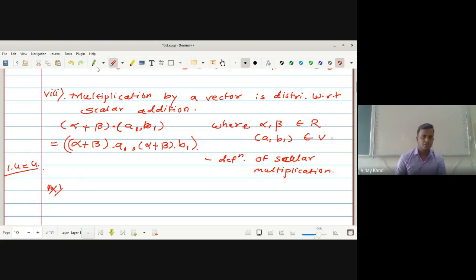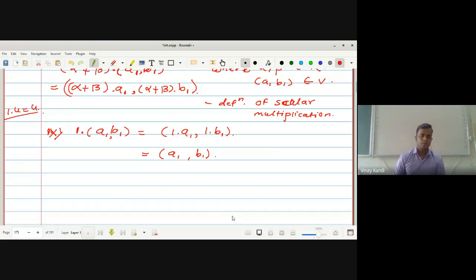So 1 into u, which is a1 b1, is equal to 1 into a1 and 1 into b1 by the definition of scalar multiplication, which is equal to a1 and b1, since 1 into a1 is a1 and 1 into b1 is b1. So 1 into a1 b1 is equal to a1 b1, that is, 1 into u is equal to u. Hence the ninth property is also satisfied.